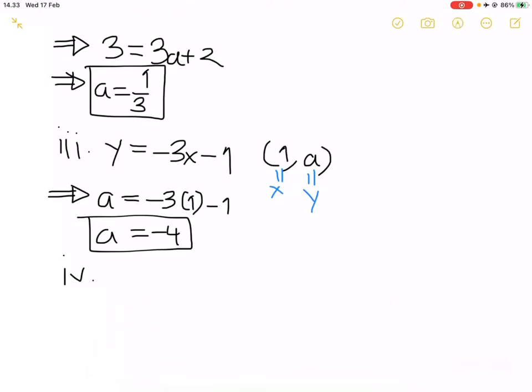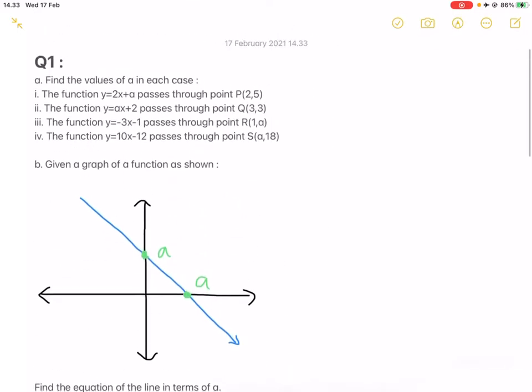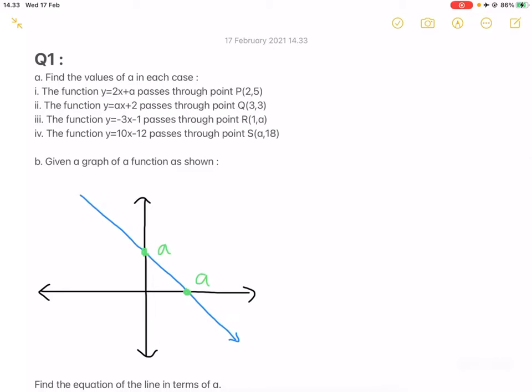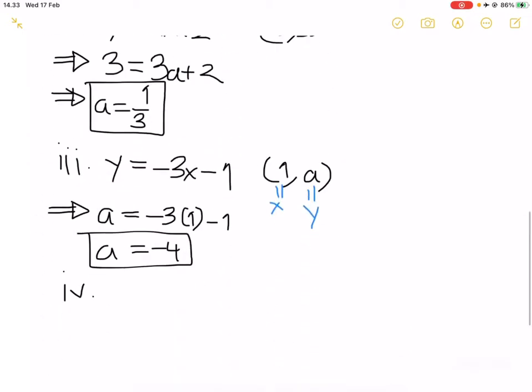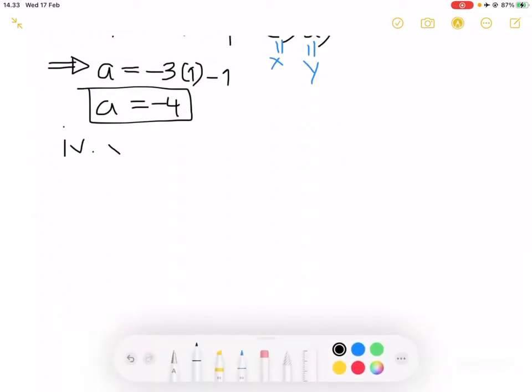For the fourth part, it says that the function y equals 10x minus 12 passes through point S (a, 18). So let's just rewrite that.